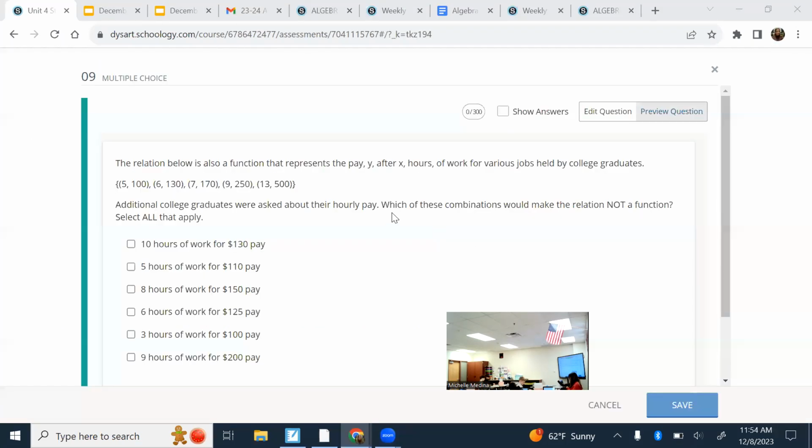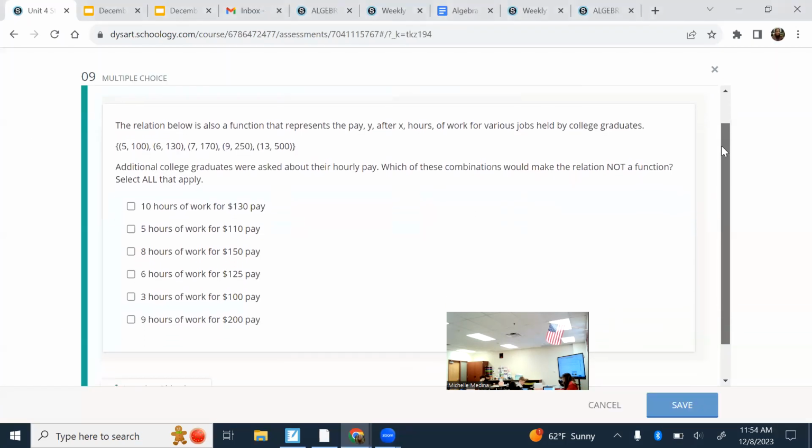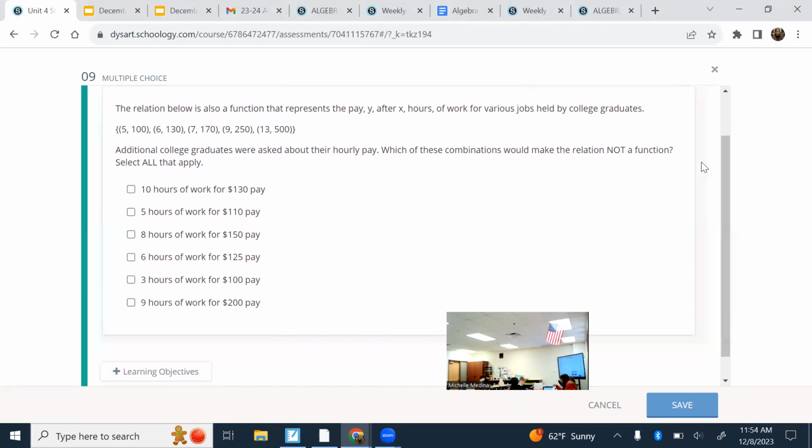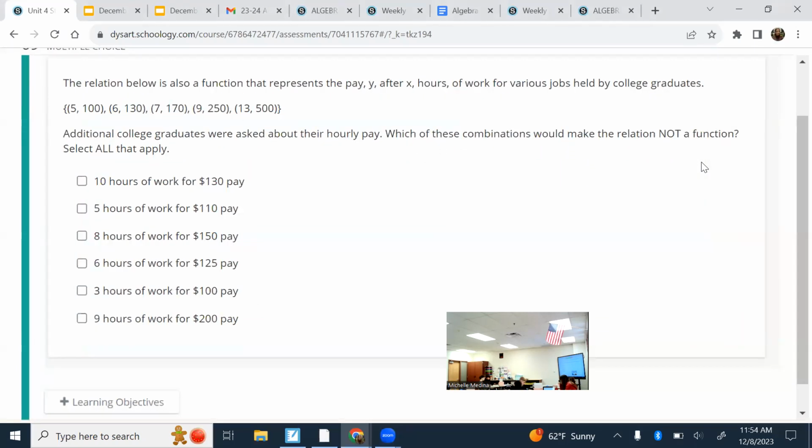That represents the pay Y after X hours of work for various jobs held by college graduates. Additional college graduates were asked about their hourly pay. Which of these combinations would make the relation not a function? So what do we know about functions?